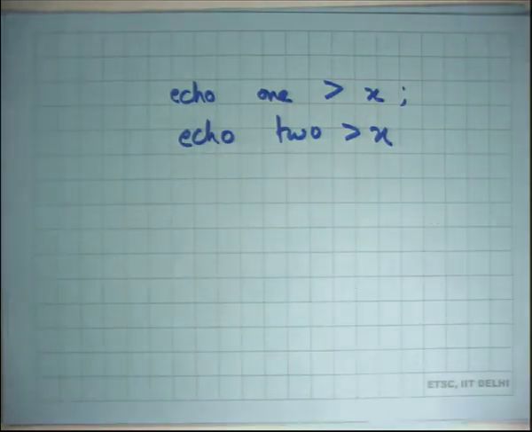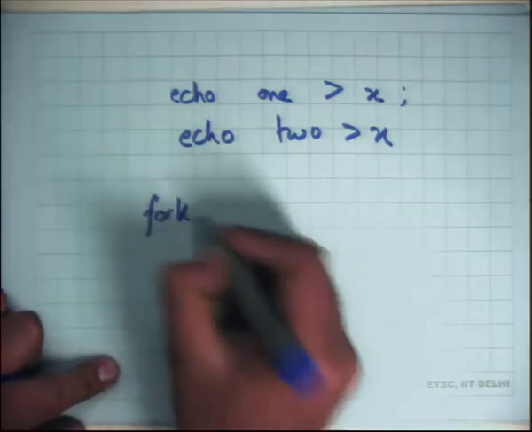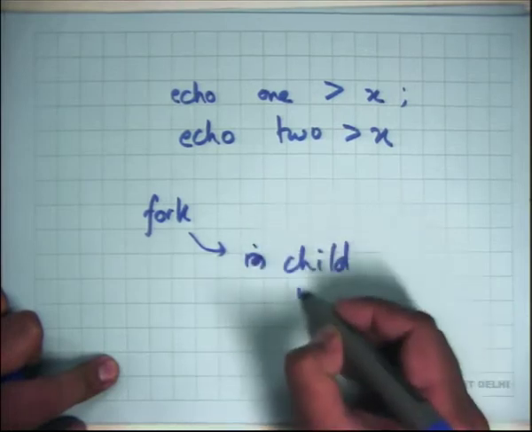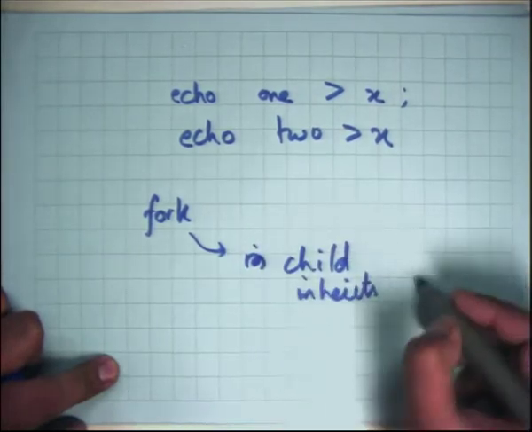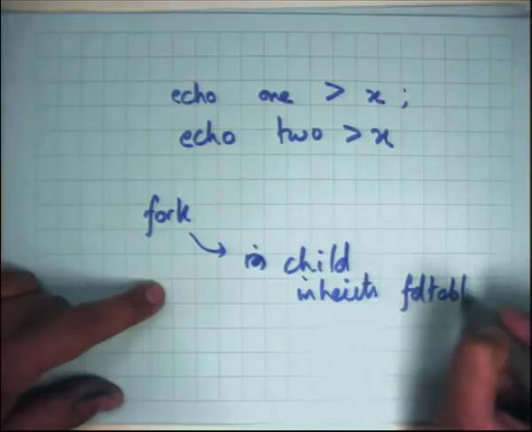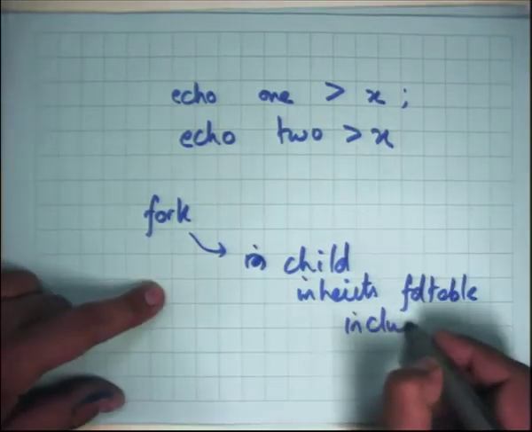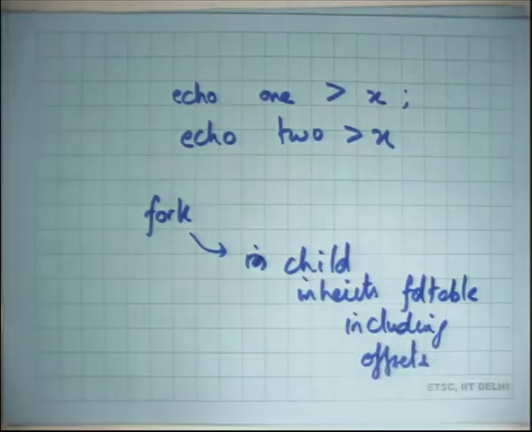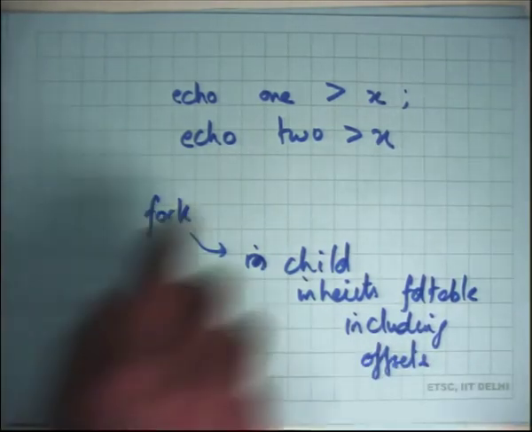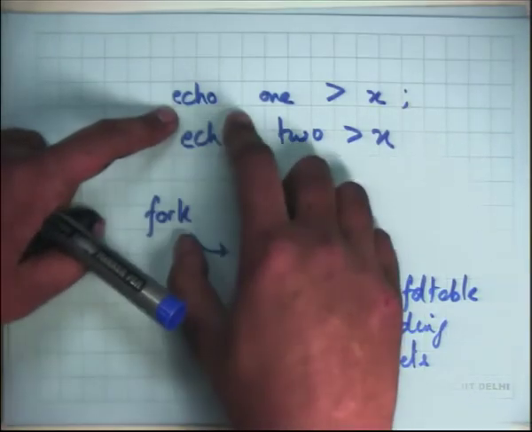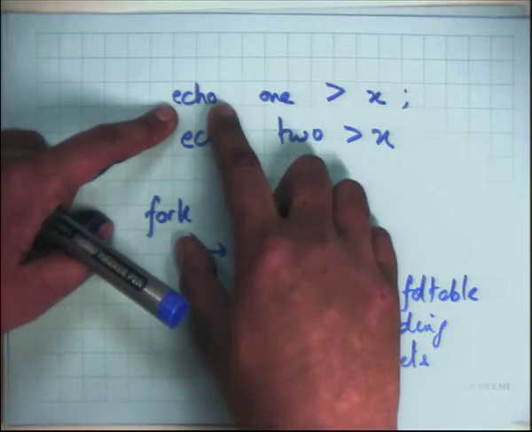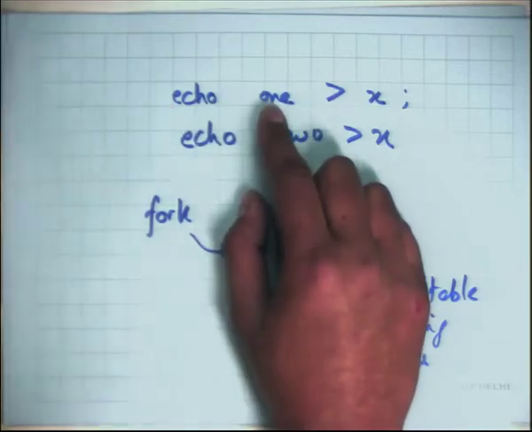So recall that when you fork, the child inherits the fd table, which includes the offsets. So in this case the parent is going to fork a process which is going to execute the command echo. Echo is an executable, and it's going to write something to the file.